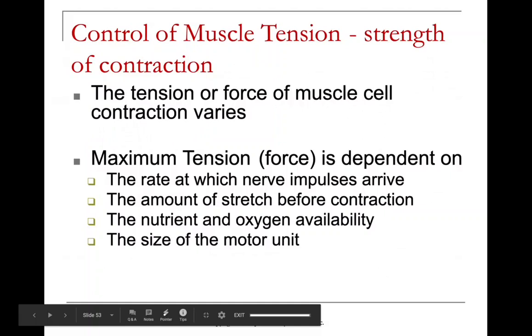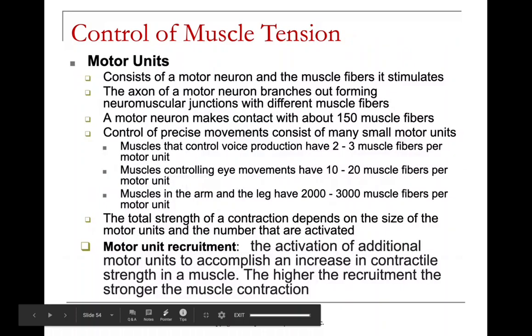So when we look at the contraction force, the tension or force of a muscle cell contraction varies greatly. Maximum tension force is dependent on the rate at which the nerve impulses arrive, how much stretch you have before it contracts, the nutrient and oxygen availability, and the size of the motor unit. A motor unit is a motor neuron and all the muscle fibers it stimulates.